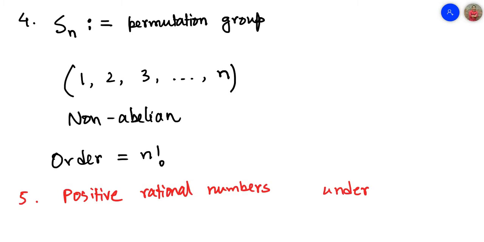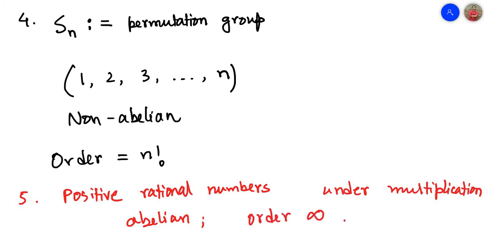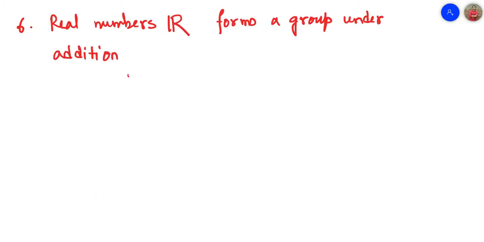The set of positive rational numbers form a group under multiplication, and evidently this group is an abelian group. For the first time, we've got a group whose order is infinity, because there are infinite of them. The set of real numbers R forms a group under addition.